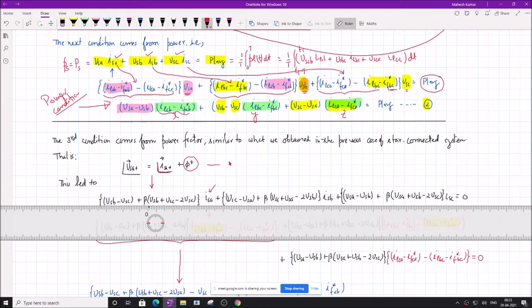So this has to be maintained if we desire a certain power factor between the compensated source current and the respective voltages. And then we substitute the values of VSA plus, ISA plus from the concept of instantaneous symmetrical components and simplify it.